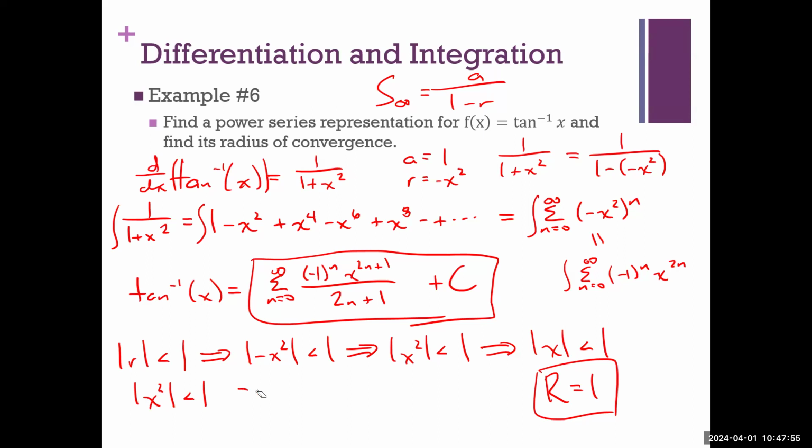One way we could say it, though it doesn't really make sense to write it as negative 1 is less than x squared, which is less than 1. But let's go with that verbal description for now.